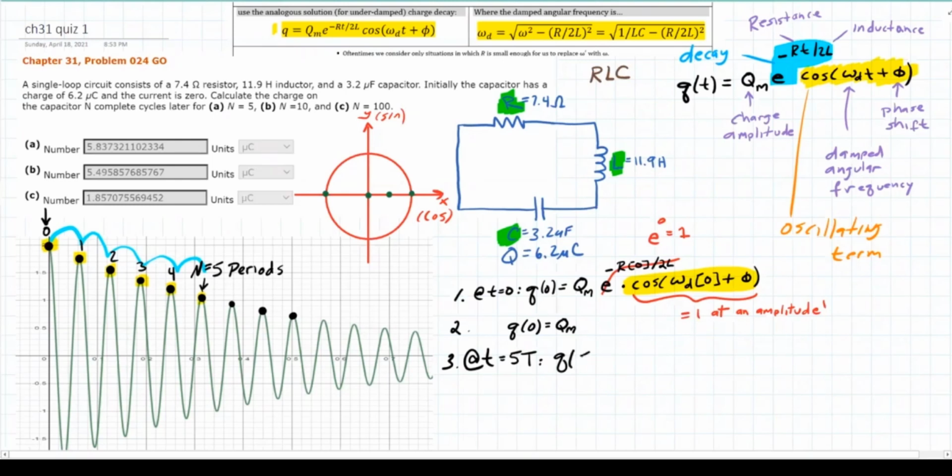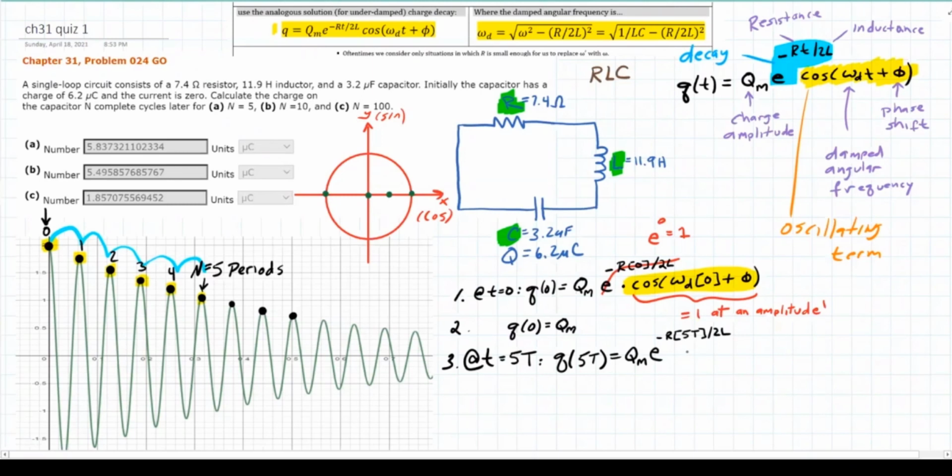So Q at 5 periods equals Q_M, e to the minus R times 5T, all over 2 times L. That's my decay term, which is not equal to 1.